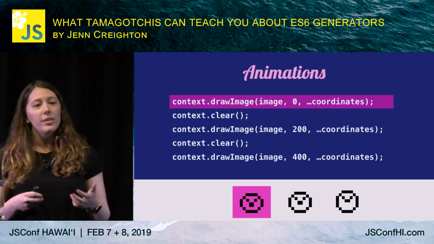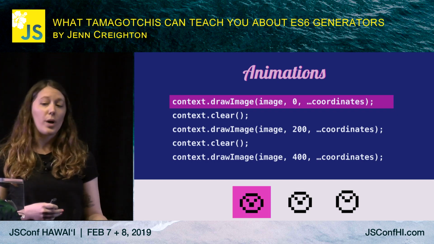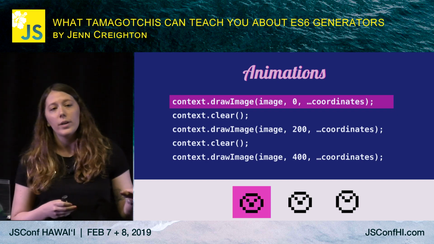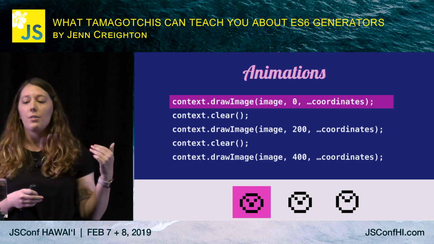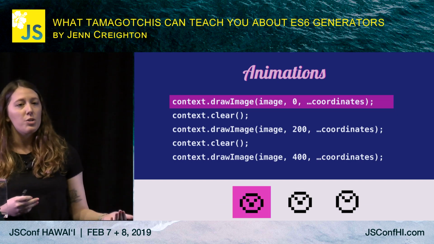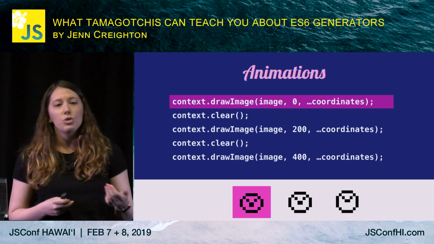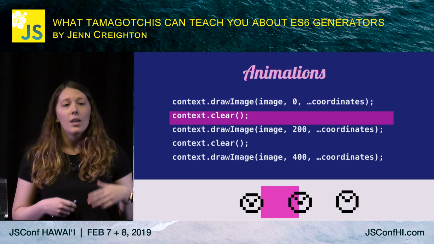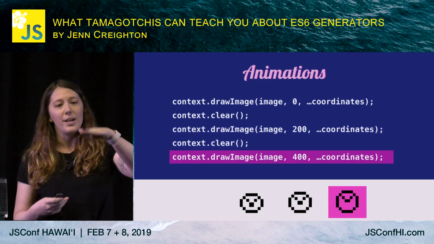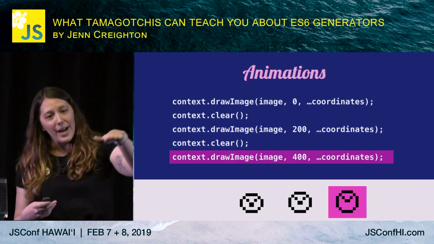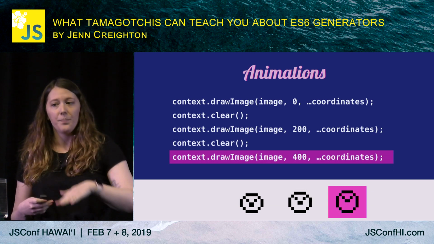Now, for all the animations in this game, I used a sprite sheet. So below is the sprite to bounce the Tamagotchi. So if each frame of the sprite is at 200 pixels, then I need to draw the image at 0, then 200, and then 400 pixels. And so that's going to bounce the Tamagotchi up, and then I'd go back down to bounce the Tamagotchi down.